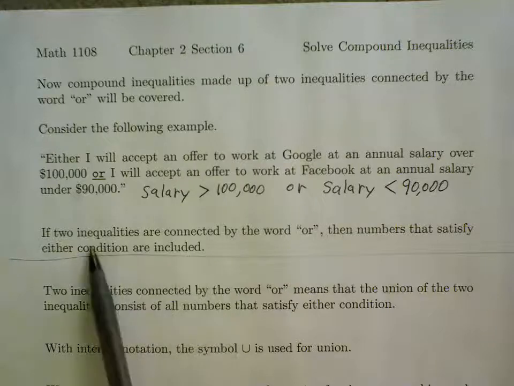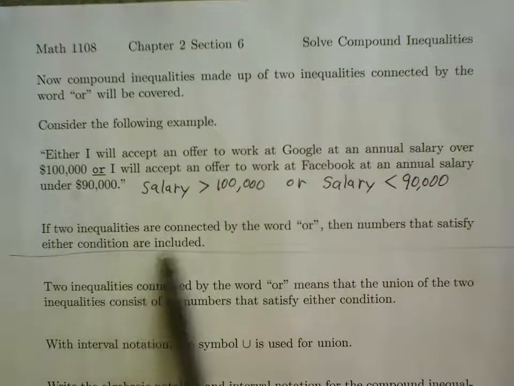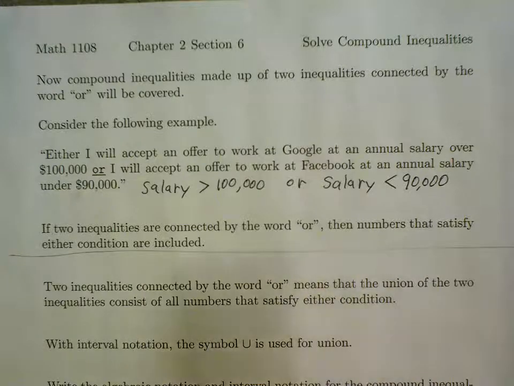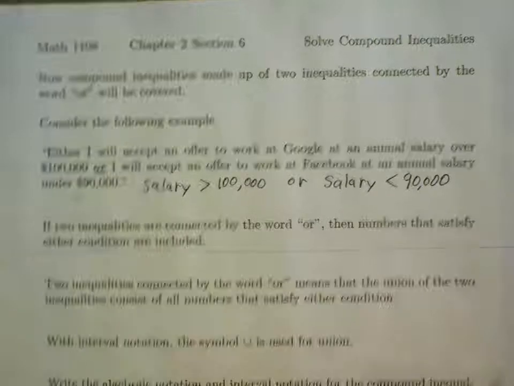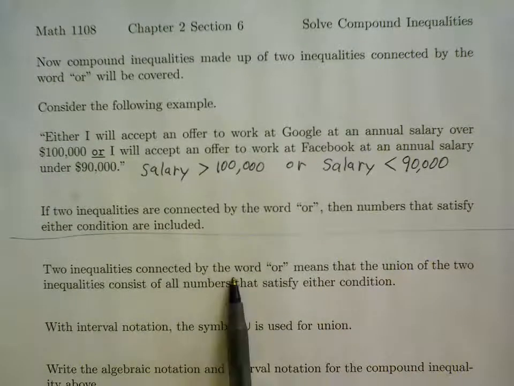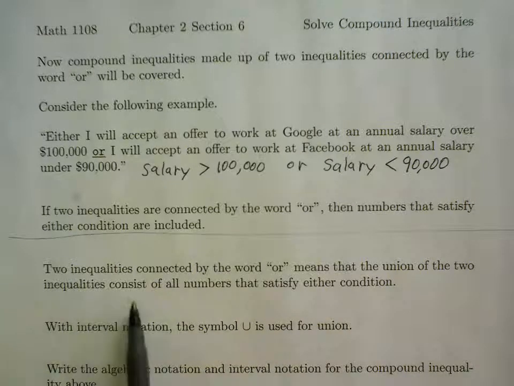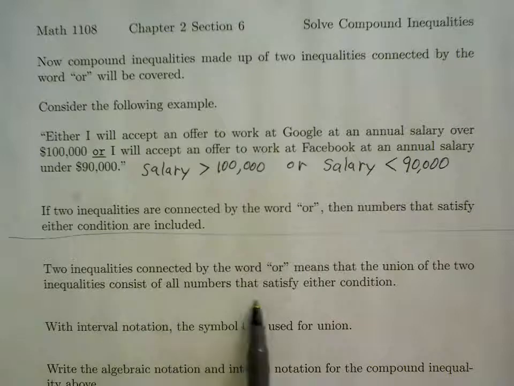Okay, if two inequalities are connected by the word or, then numbers that satisfy either condition are included. Two inequalities connected by the word or means that the union of the two inequalities consists of all numbers that satisfy either condition.